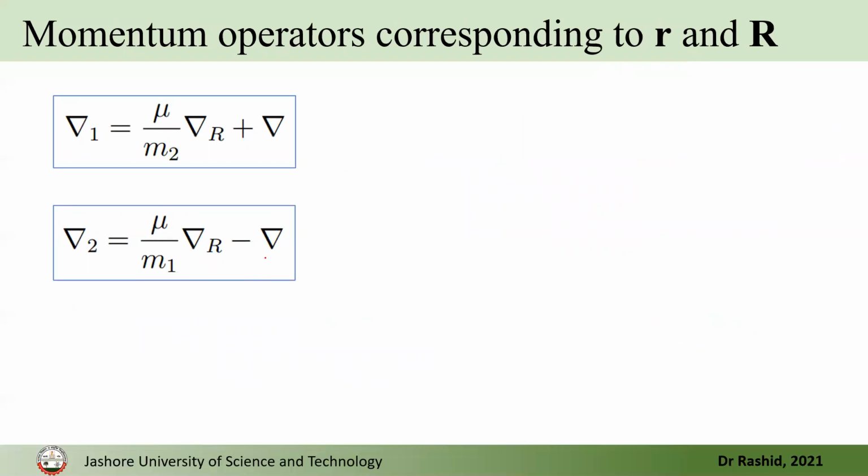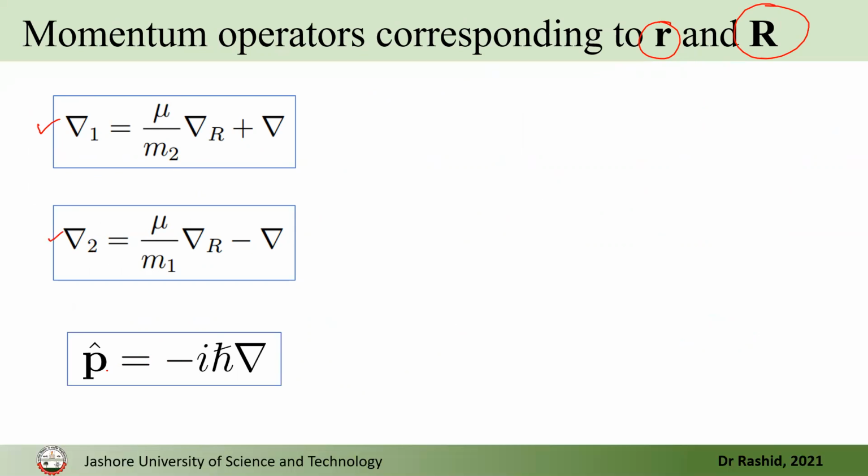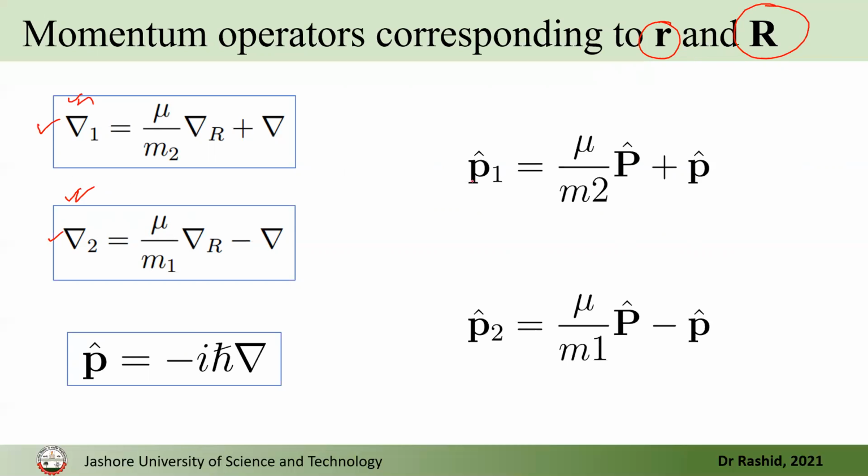Now, what will be the momentum operators for these coordinates, the small r and capital R? Because we have changed from R1, R2 to these coordinates. Now, we have derived these two equations, and we know that the momentum operator p hat is equal to minus i h-bar nabla. So, if we use this and write it in terms of these nablas in terms of momentum, we'll have P1 hat equals mu by M2 P plus p.